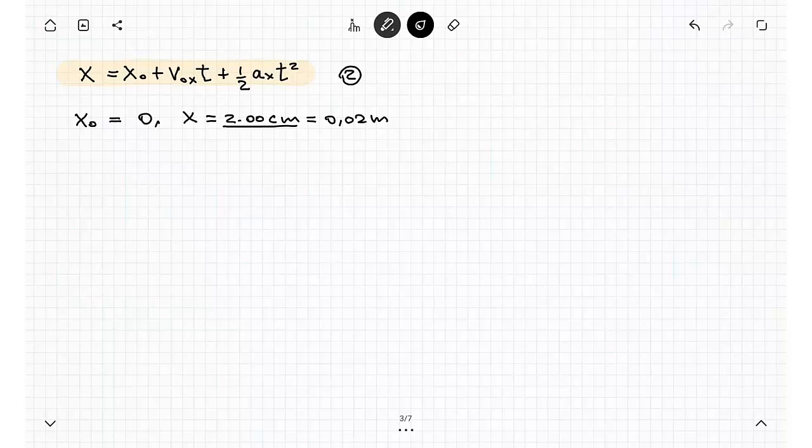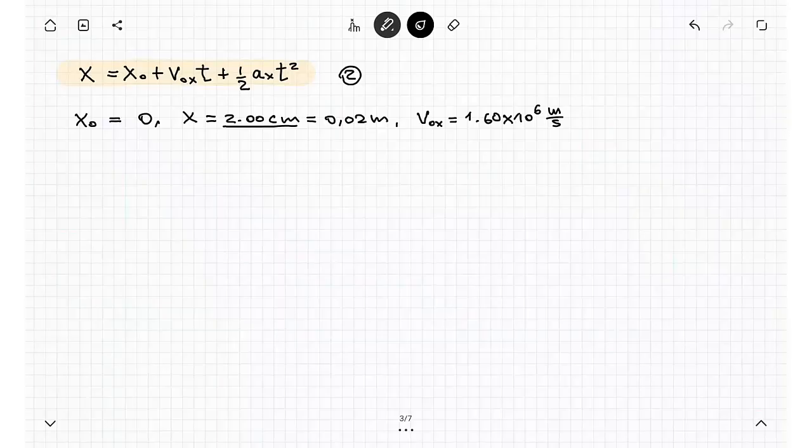So we divide the 2 centimeters by 100, and that way we have this quantity expressed in meters. Also, we have that the initial speed along the x-axis, according to the problem, is 1.6 times 10 to the 6th power meters per second. That's the information that we have.